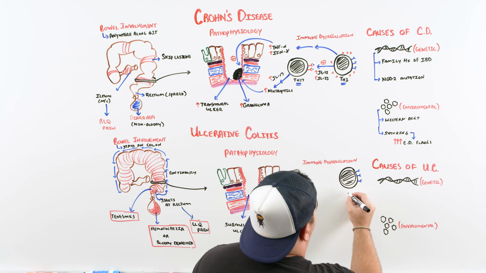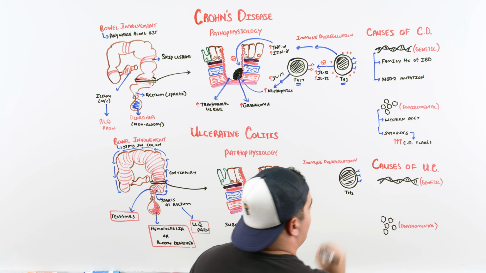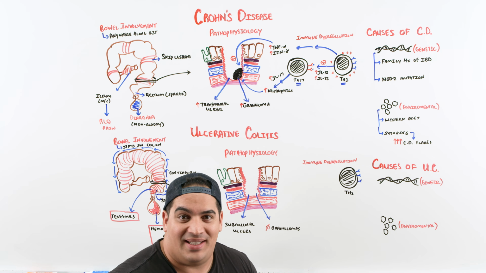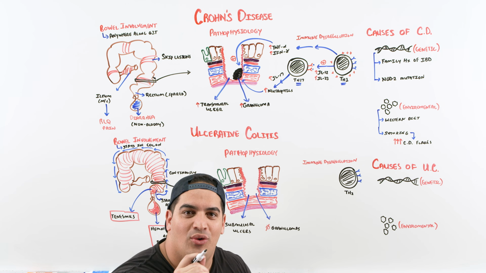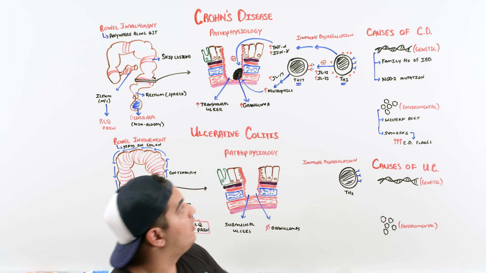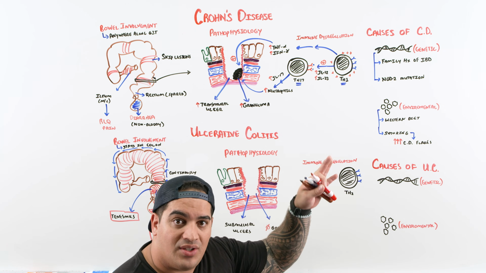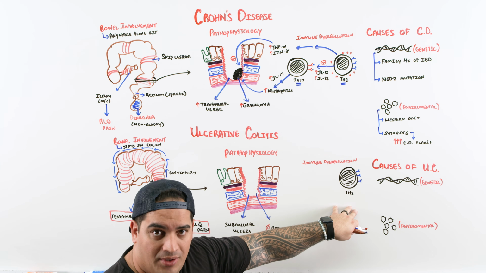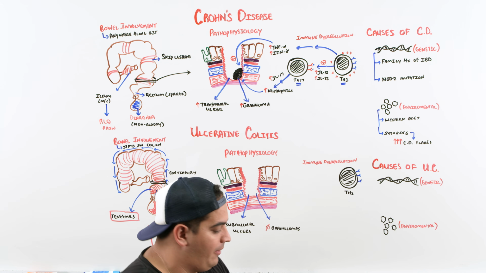And the primary cell that has been linked to this one is Th2 cells. And there may be, to some degree, Th17 cells, but they're so minute, and I don't want you to confuse it with Crohn's. So stick with Th17 for Crohn's, and only really Th2 cells in ulcerative colitis, just to keep it easier in your brain.